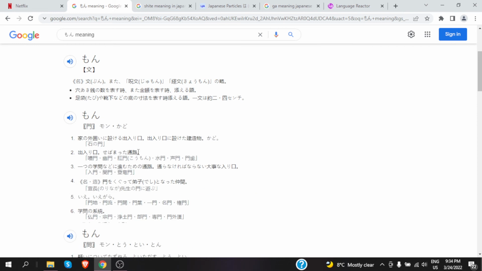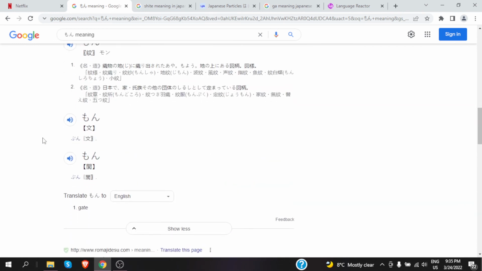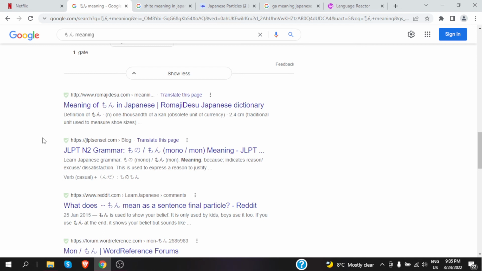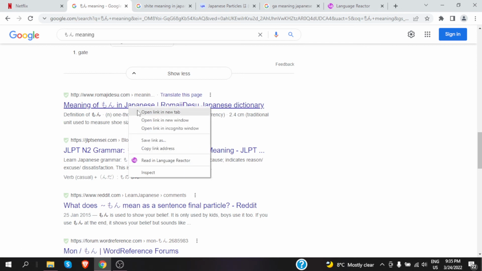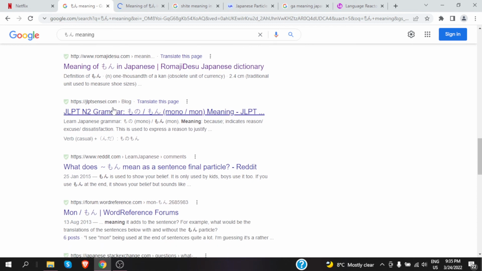Gate. Meaning, because, indicates reason, excuse, dissatisfaction. This is used to express a reason to justify.